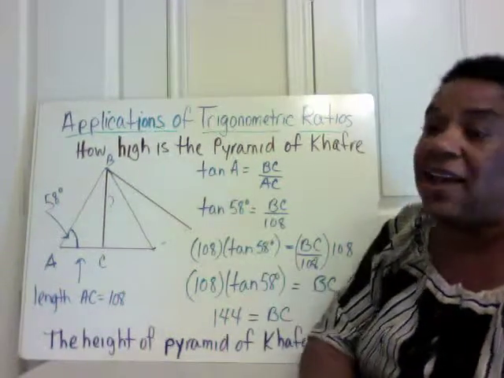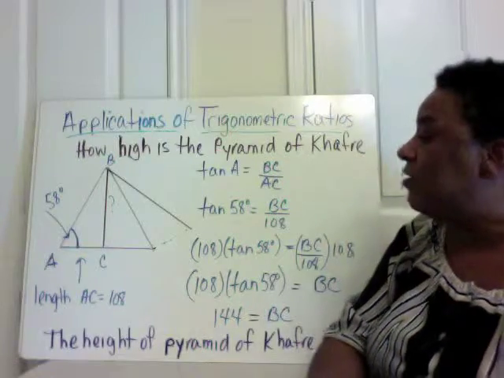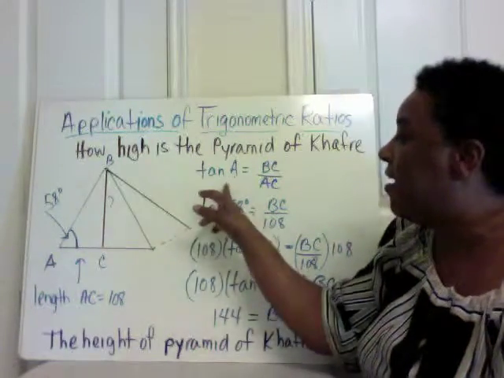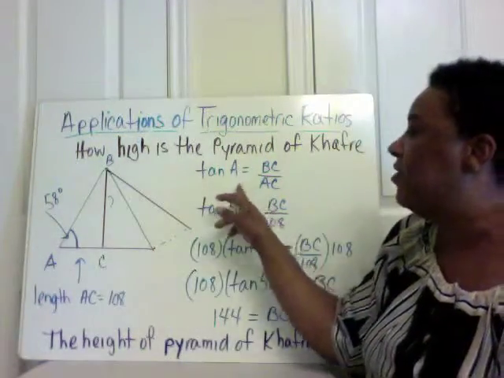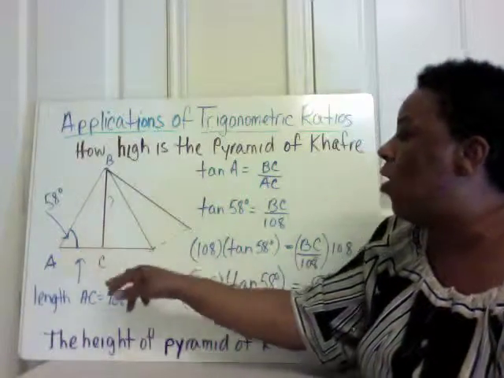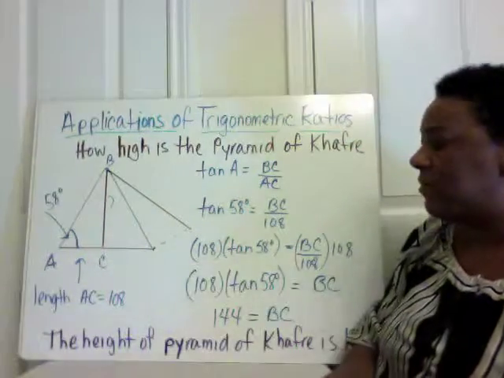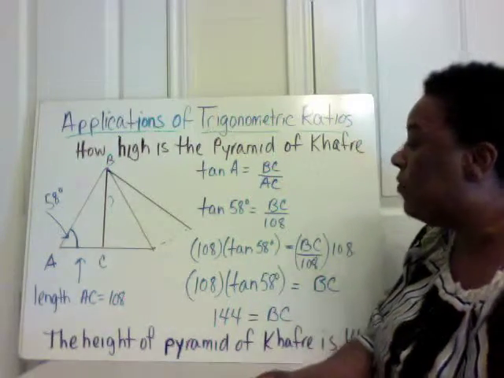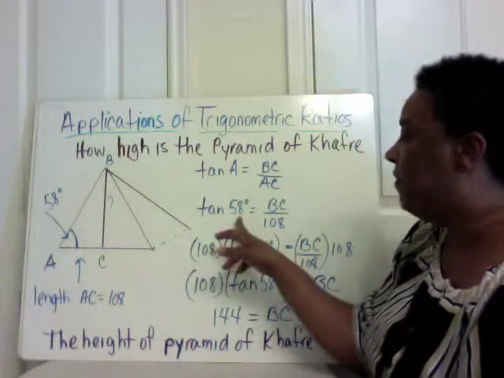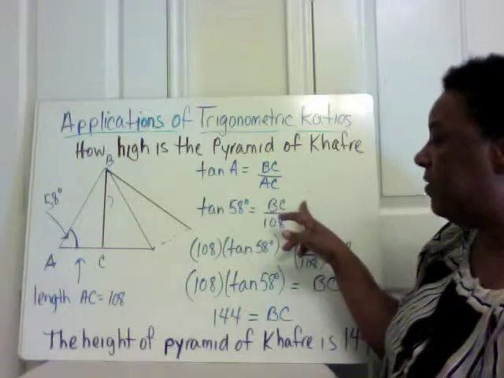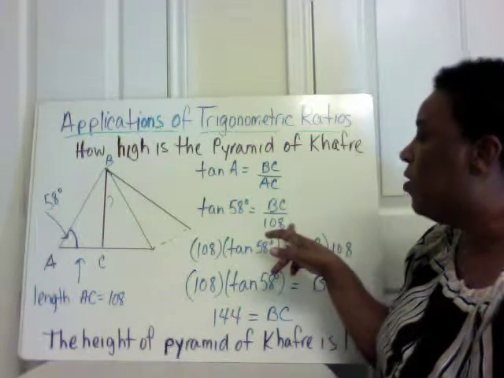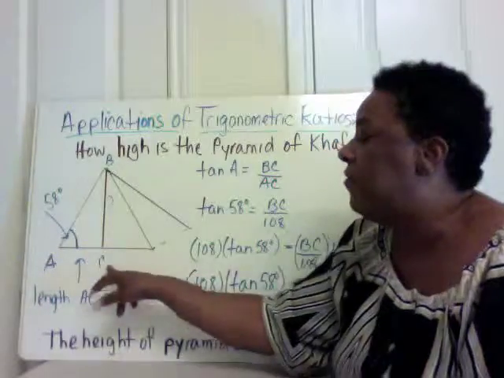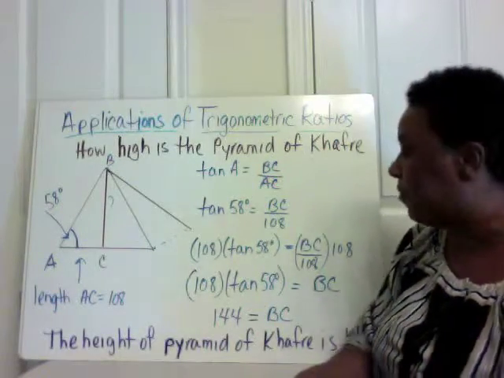This gives us a tangent ratio. So we say that tan of A is equal to BC over AC. So substituting in the information that we have, we can write tan of 58 degrees is equal to BC divided by 108, which is the length of our side AC.